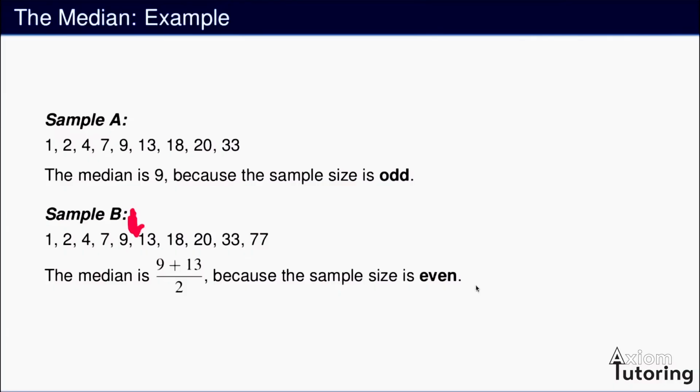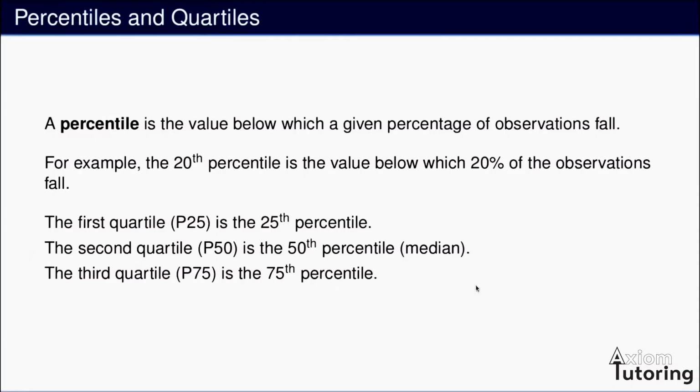If we try to get the same number of observations on either side of the median, we can see that we have 5 observations here and 5 observations here, but there's nothing in the middle. So what we're going to do is take the average of the two values that are in the middle. The median is 9 plus 13 divided by 2. That's how we calculate the median.